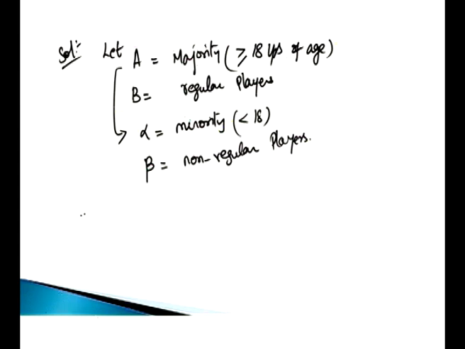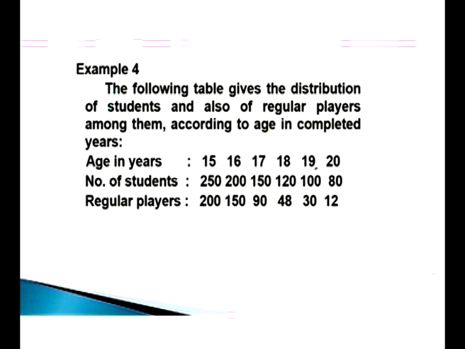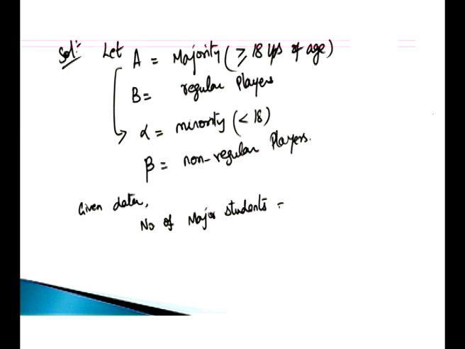Okay. So, what is the information given in the question? From the given data we have number of major students. Number of major students is 18 and above aged people, that is 120 plus 100 plus 80. So, this is given as A is equal to 120 plus 100 plus 80, which is equal to 300.